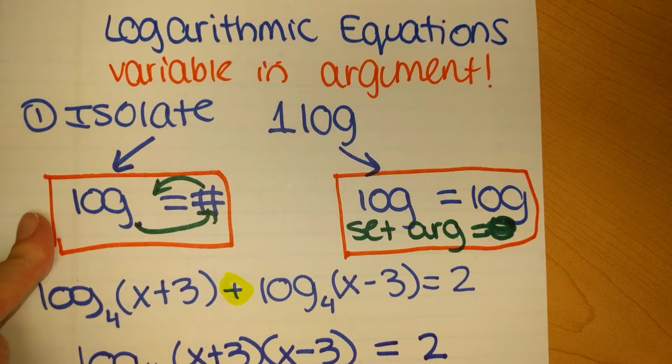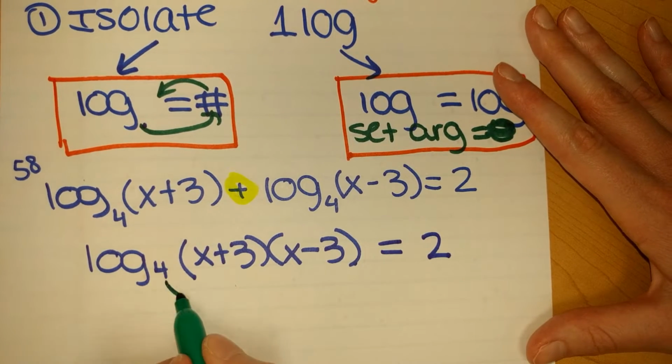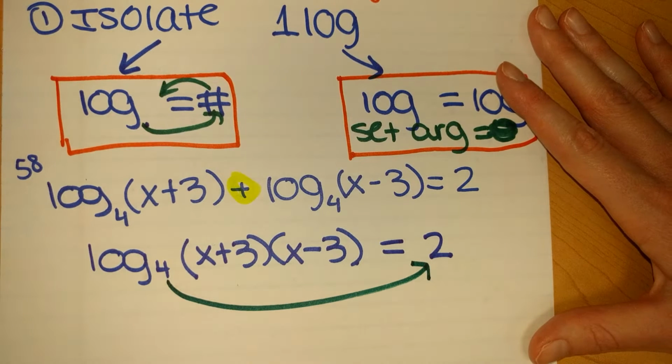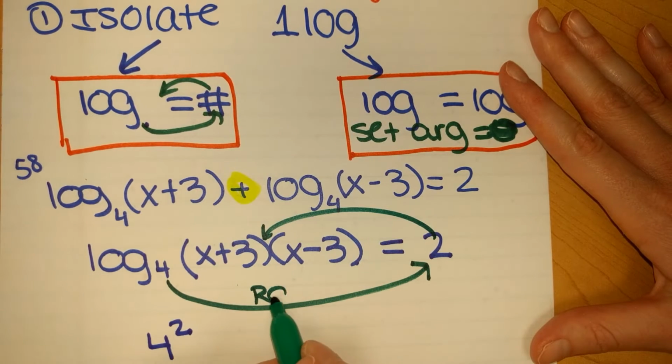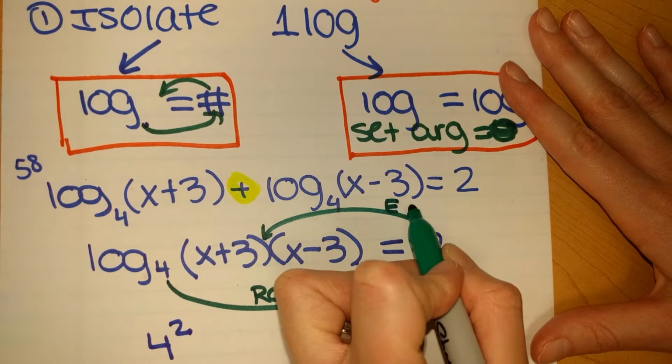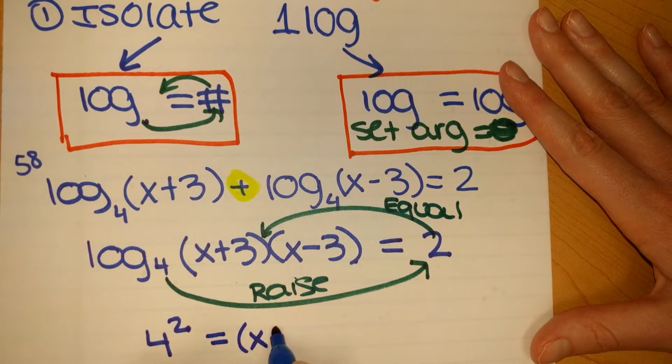It's in log is equal to a number. So once it's in that form, you can do the raise-equal-to. So you can say that this is 4 to the second power, and that will be equal to x plus 3, x minus 3.